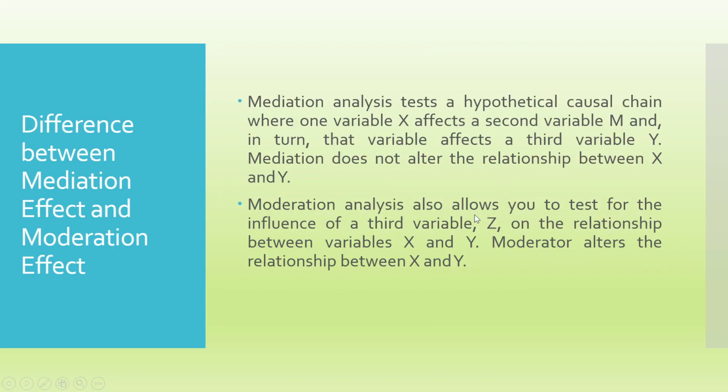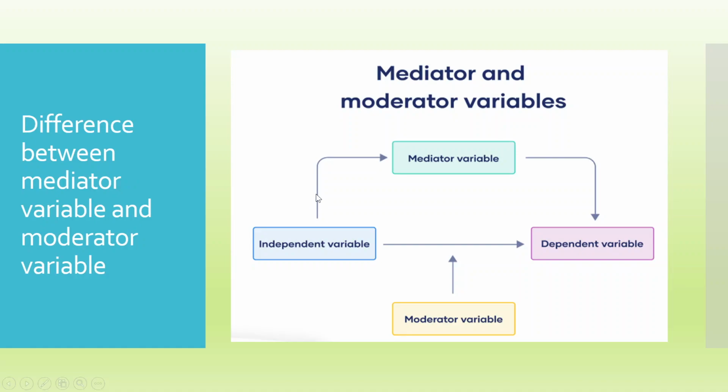Moderation analysis allows you to test for the influence of the third variable z on the relationship between x and y, and whether it is altering the relationship or not. Mediation never alters the relationship. Moderation always alters the relationship between the two constructs or two variables.